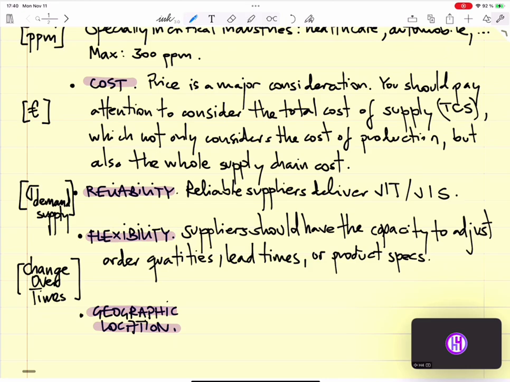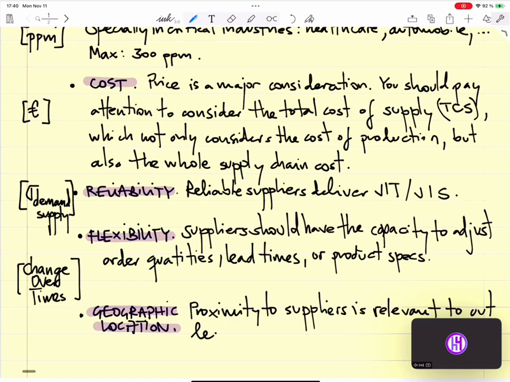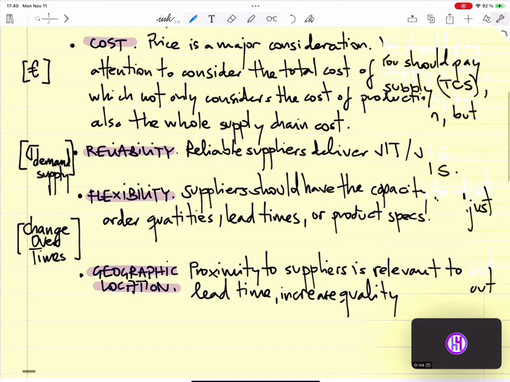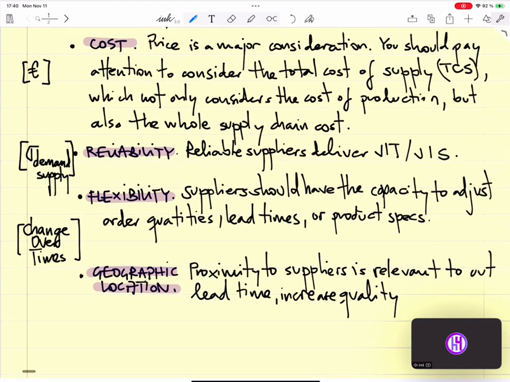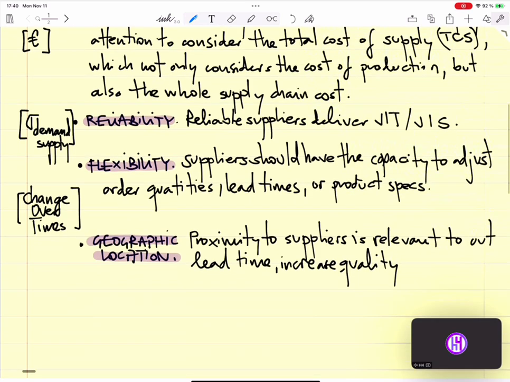Okay, so proximity to suppliers is relevant to cut lead time, increase quality, and why do we increase quality if the supplier is closer? Can somebody tell me? Transportation cost reduction and so on.